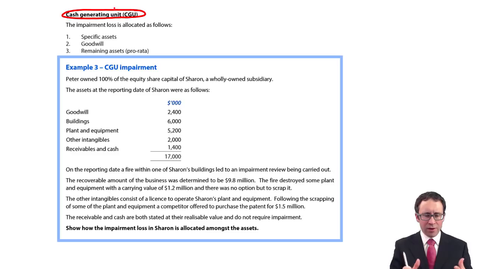What is a cash generating unit? Well, if you're looking at, say, a restaurant or a theme park, there are various assets used in a restaurant and various assets used in a theme park. Let's take the restaurant as an example. We have the ovens, the fridges, all the tables, the chairs, the cash point, the bar.